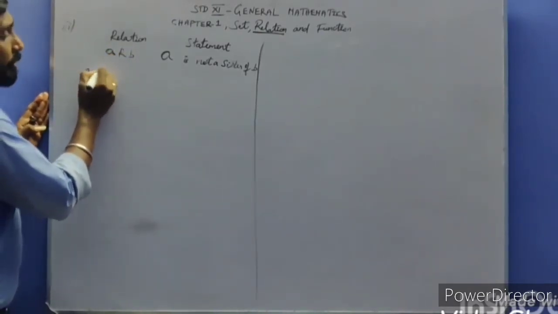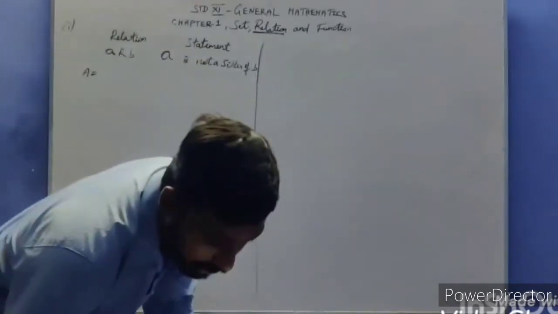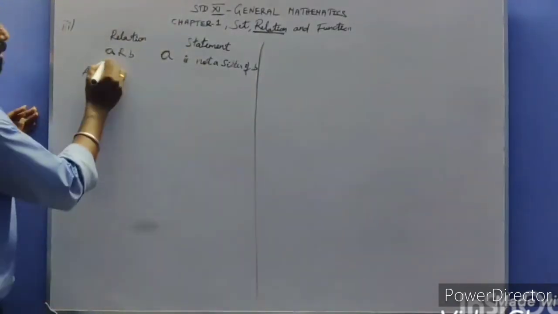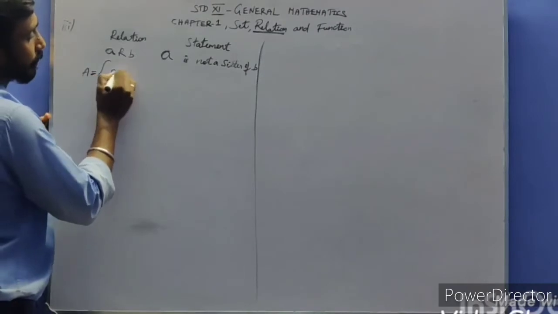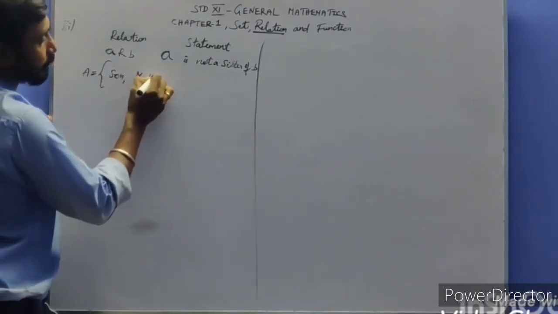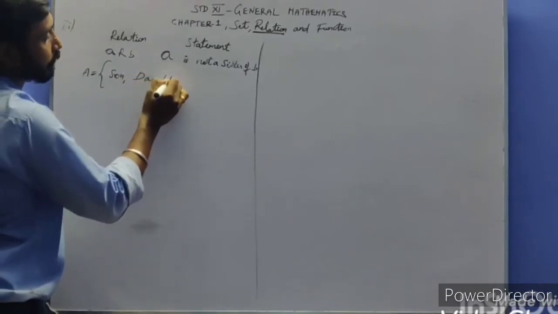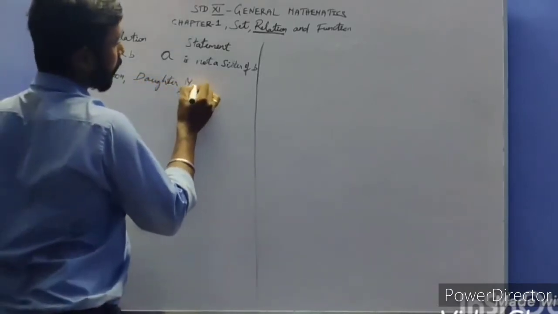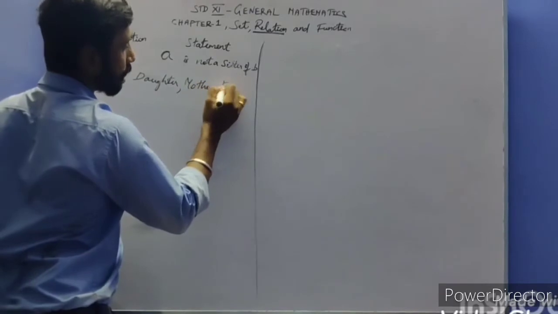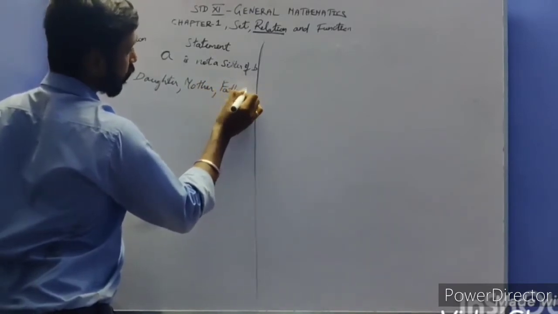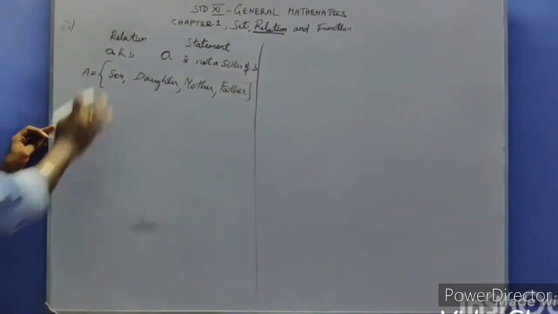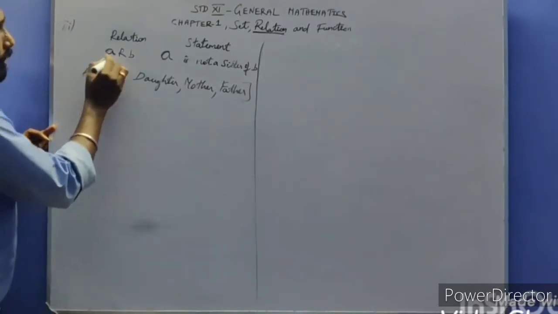Family means, what is the question giving here? Members of a family. One family means son, mother, daughter, mother and father. Four persons in one family. Okay, listen.